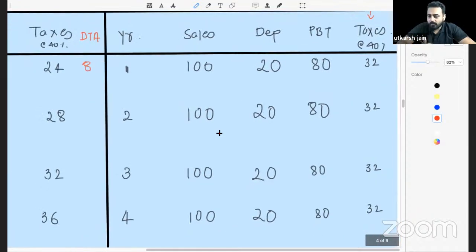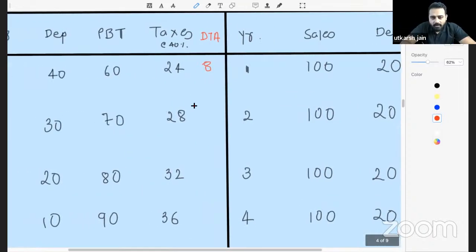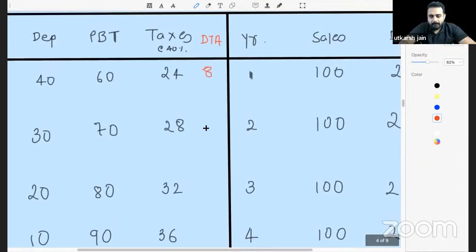You're paying 4 extra. If you're paying 4 more, then what do you think will be the deferred tax asset in the second year? This gets super interesting here.